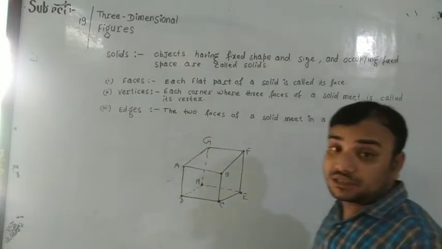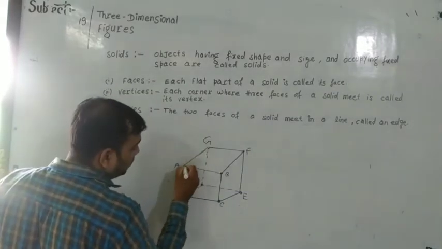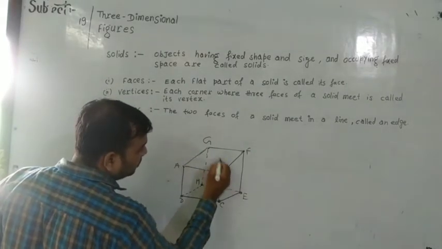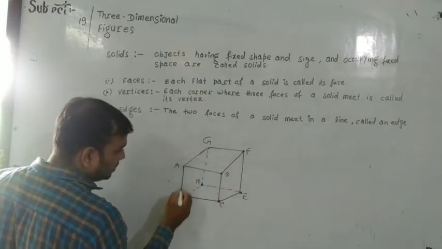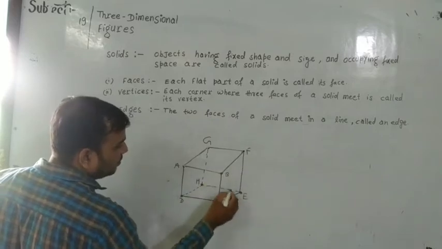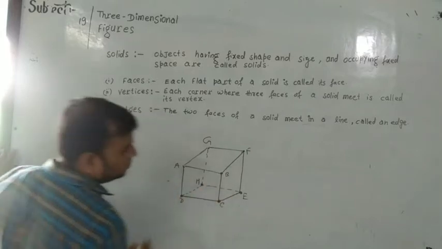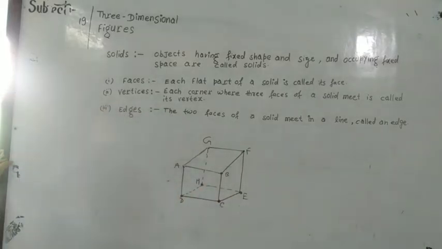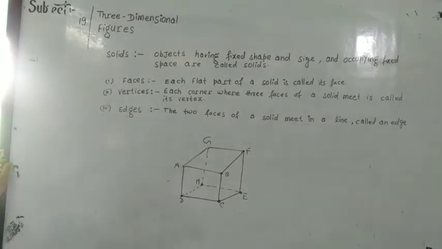Then how many edges are present in a cube or cuboid? Counting: 1, 2, 3, 4, 5, 6, 7, 8, 9, 10, 11 and 12. There are 12 edges in a cube or cuboid.